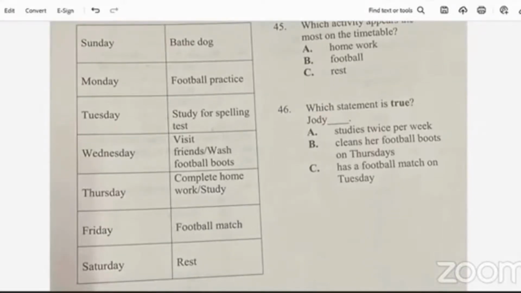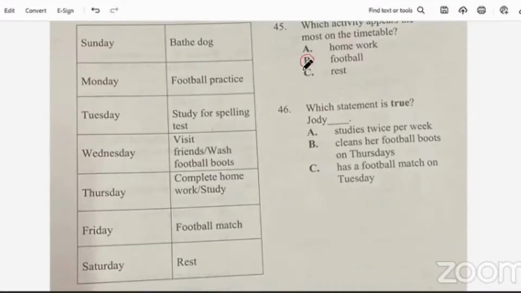So we see football practice, and then we see football match. Then we see homework. Where does it mention homework? It mentioned homework once, and the rest is mentioned once. So football is mentioned more than once. So football would be the correct answer. So for 45, the answer is B, football.